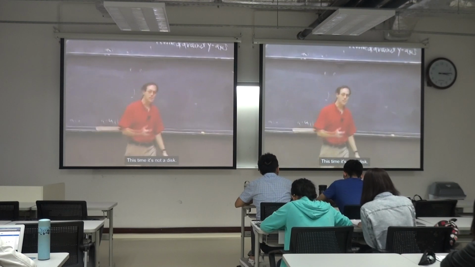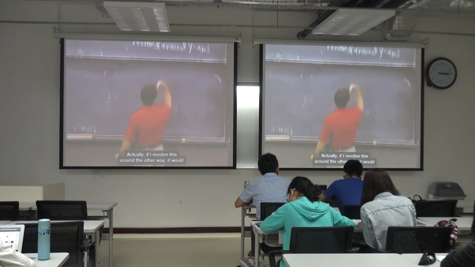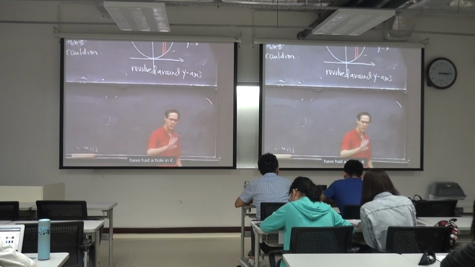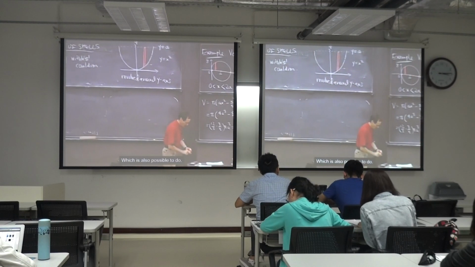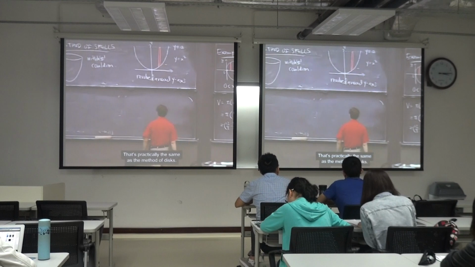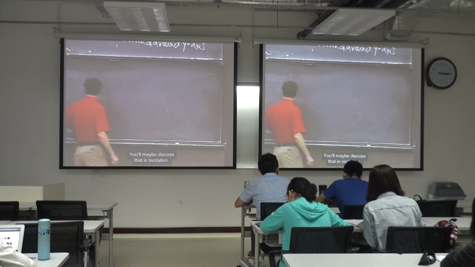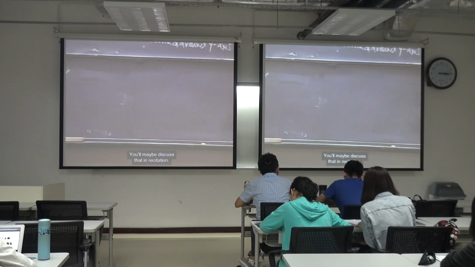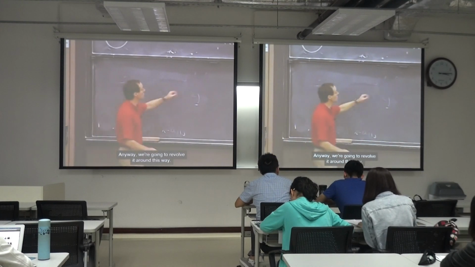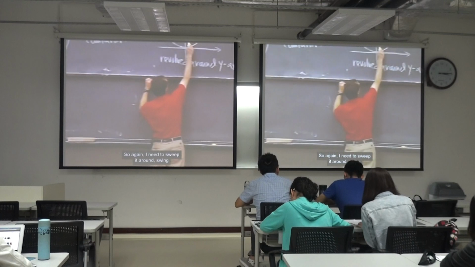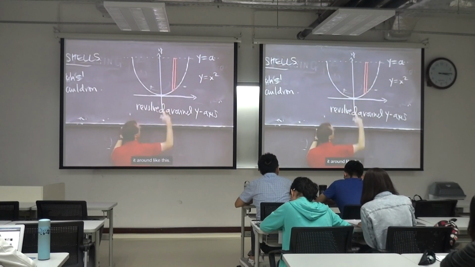This time, it's not a disk. Actually, if I revolve this around the other way, it would have had a hole in it, which is also possible to do. That's practically the same as the method of disks. We'll maybe discuss that in recitation. Anyway, we're going to revolve it around this way. So again, I need to sweep it around, swing it around like this.